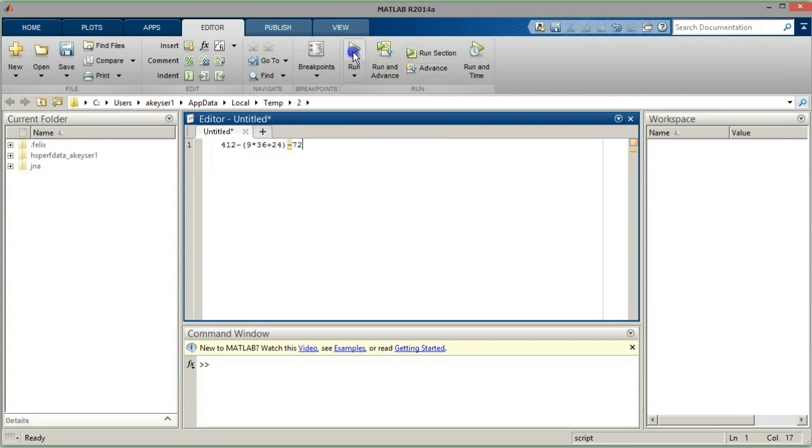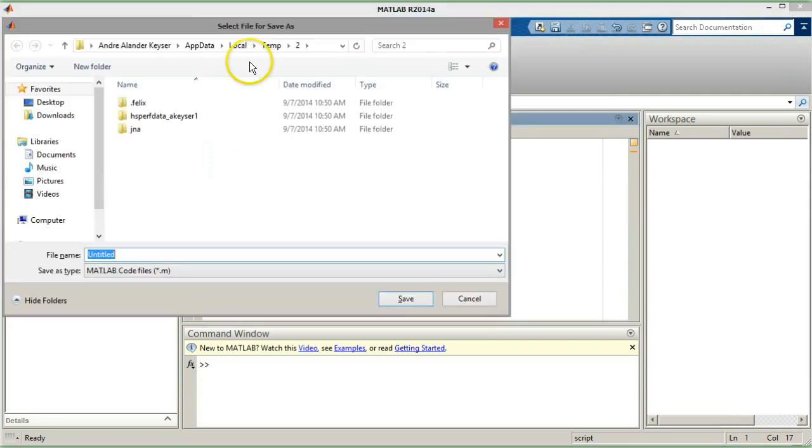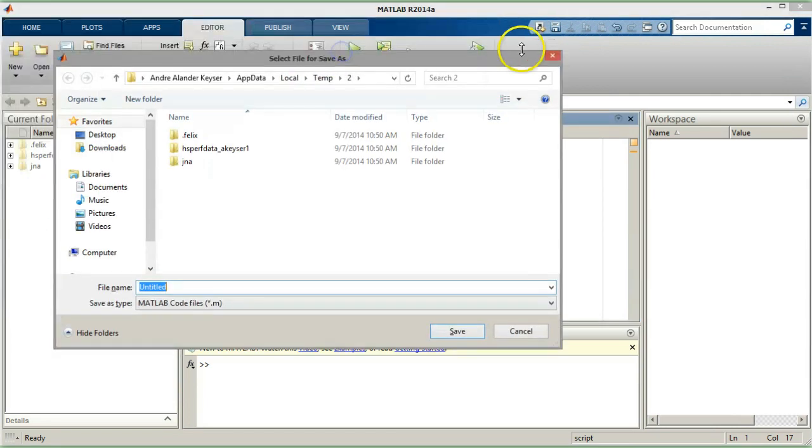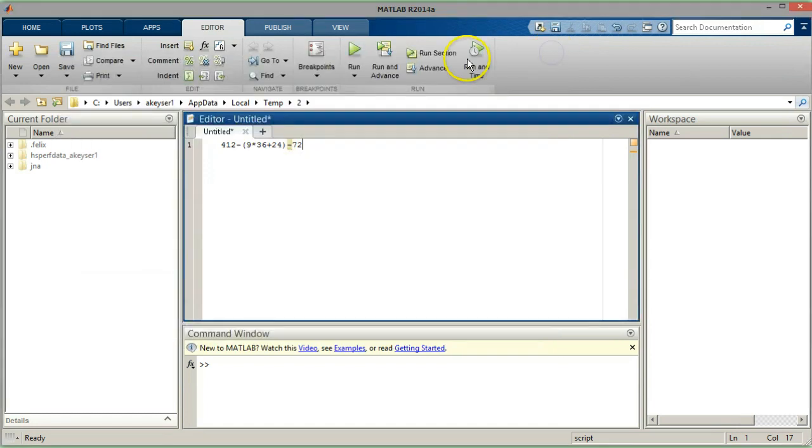Okay, so let's try to run this. Let me see if I can just run this section. I'm going to hit run section. When you try to hit run, it tries to save it as a file. I just want to run this section to see if it actually works. So what's happening here is MATLAB is saying that this answer is 8. This is the answer to your problem, and all of your answers will be depicted in this lower screen.